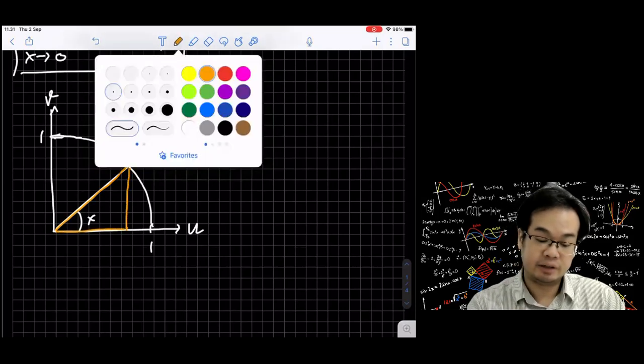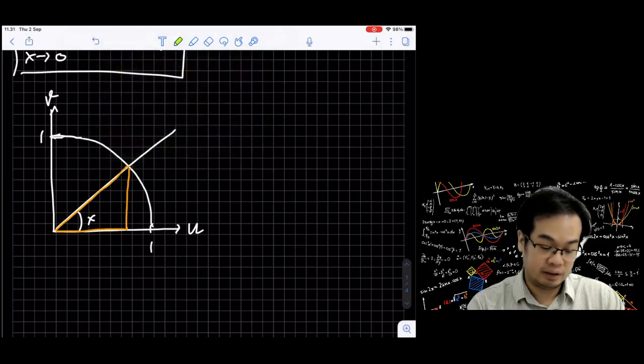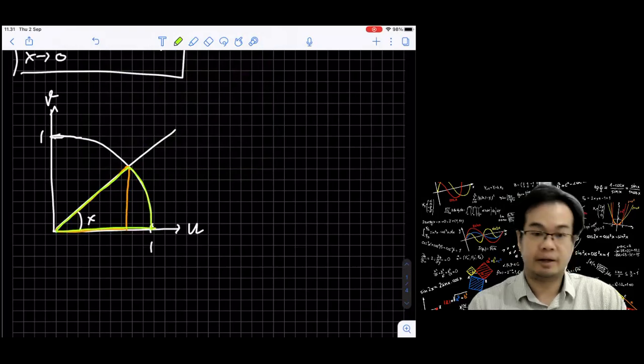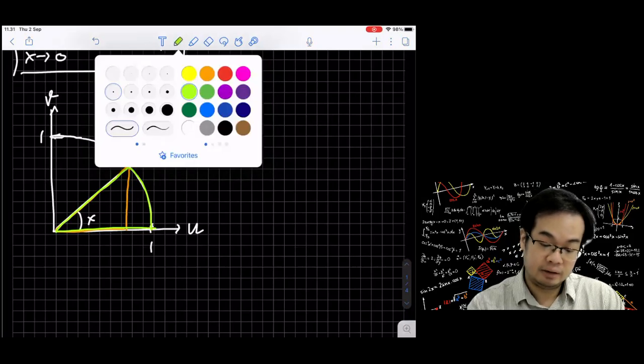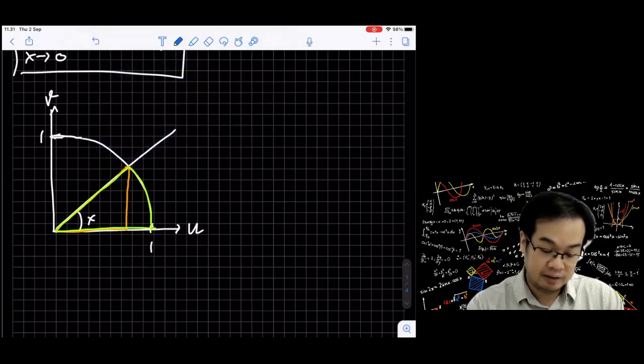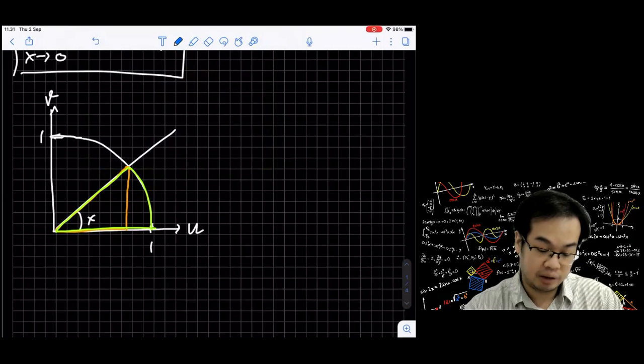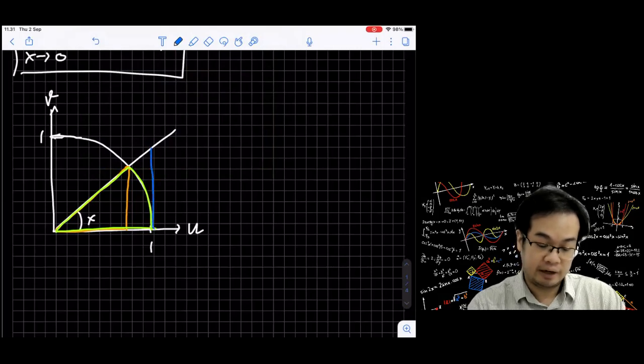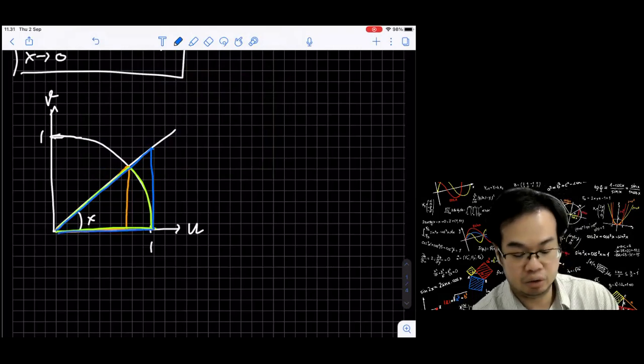The second shape is the sector of a circle, a part of a circle like this. And the third one is a right triangle that is made by the endpoint of the u axis, the u intercept.